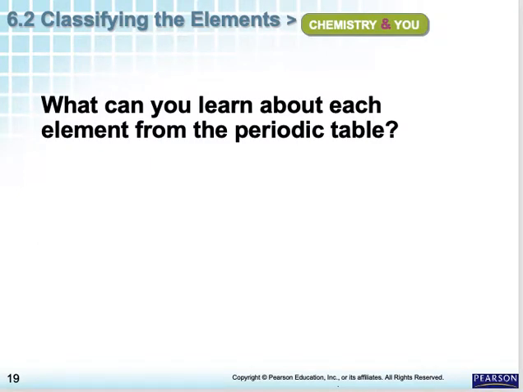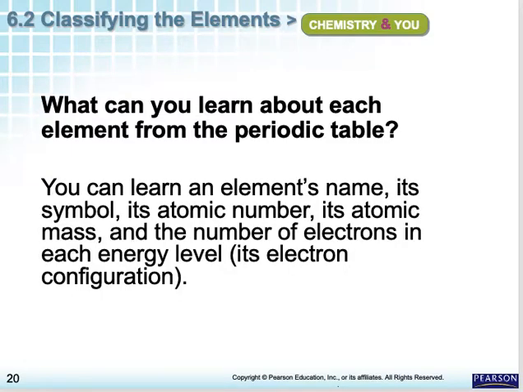What can we learn about each element in the periodic table? Well, you can learn the element's name, its symbol, atomic number, average atomic mass, the number of electrons in the energy sublevel, and each energy level.